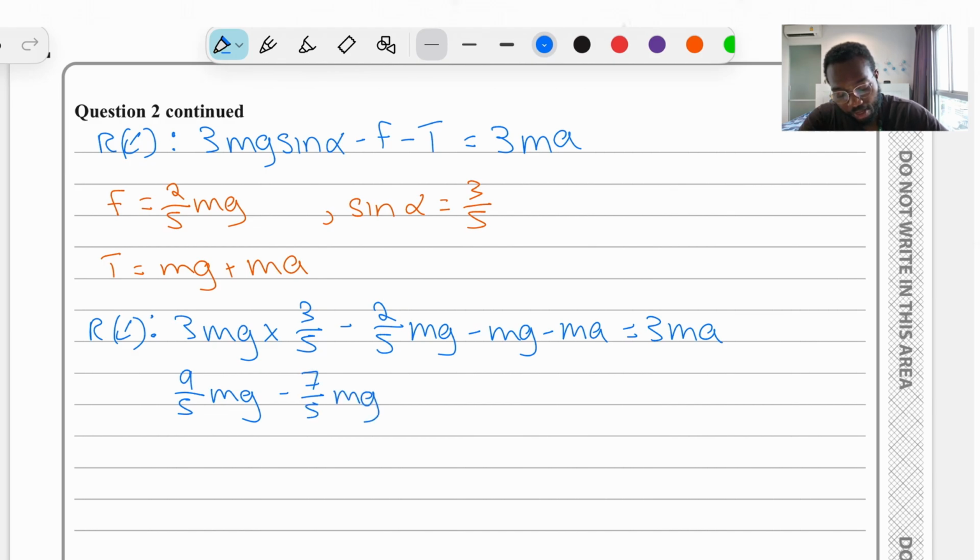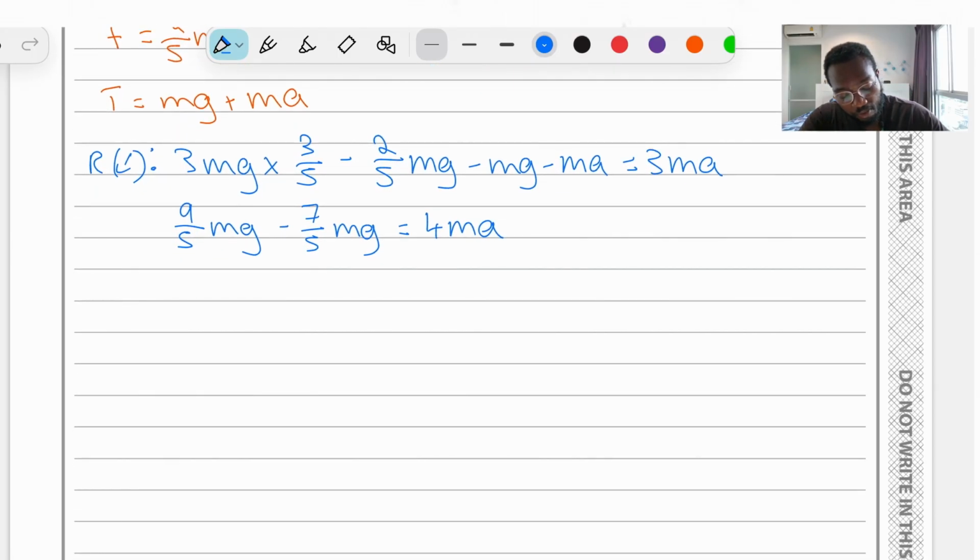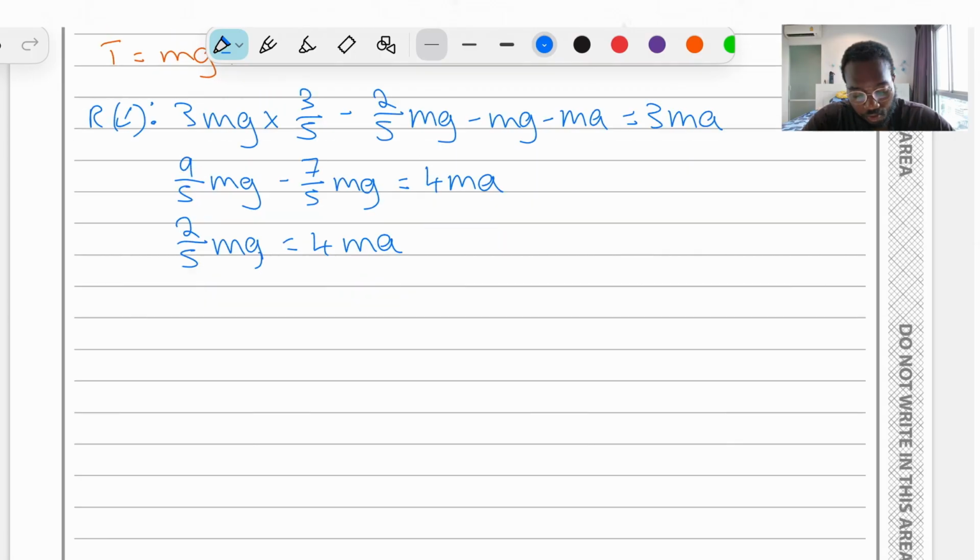And then if we bring the ma to the side, we get 4ma. And 9/5 mg minus 7/5 mg would give me 2/5 mg. That is equal to 4ma. So now we can work out a. It'll be a is equal to 2mg/5 divided by 4m.